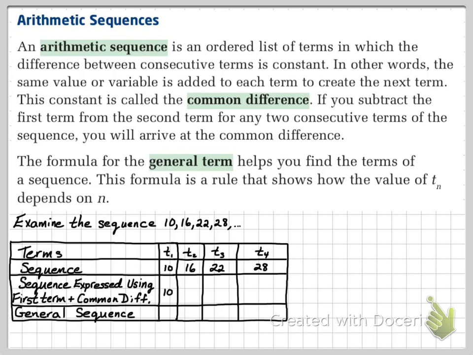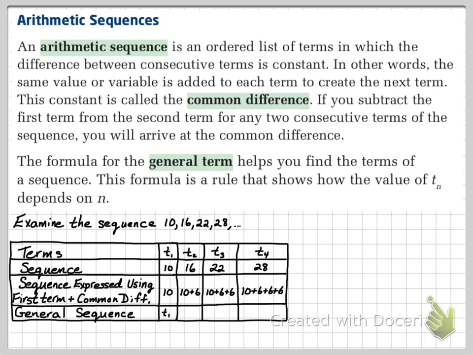The second term would be 10, and then the common difference is going to be 16 minus 10, or 6. So we can express term 2 as 10 plus 6. Term 3 would be 10 plus 6 plus 6, and term 4 is 10 plus 6 plus 6 plus 6 again.